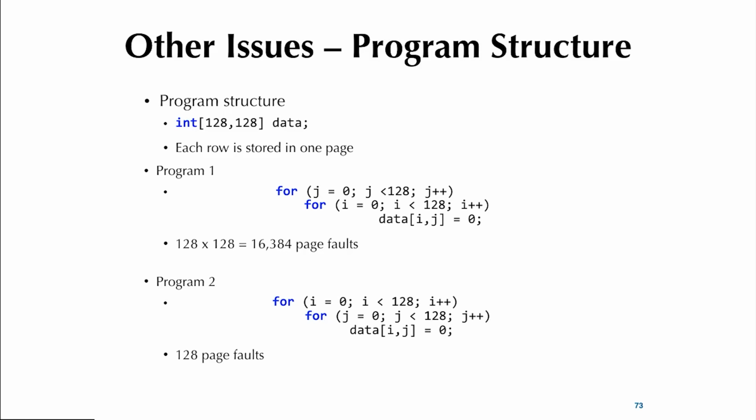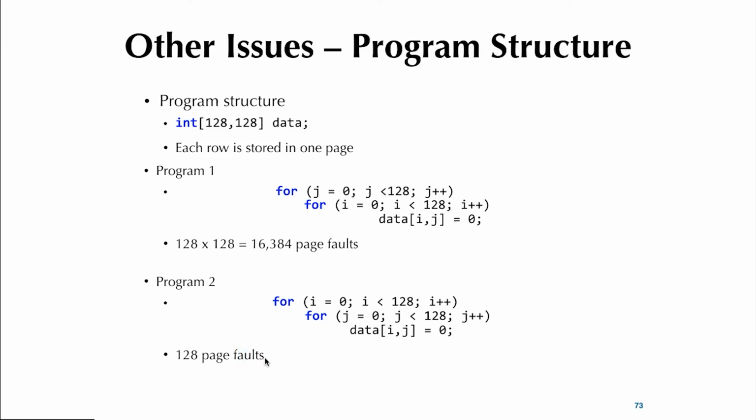Those are very large data structures, and if you're not careful, the same program, if arranged differently, may cause different page faults. Like here you have row major versus column major. By doing J in the outer loop and I in the inner loop, depending on how the data is laid out, you may have 16,000-some page faults. But if you switch the I and J, you accomplish exactly the same thing, but you only have 128 page faults total.